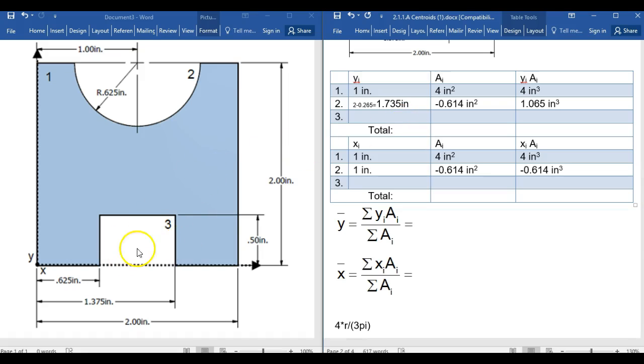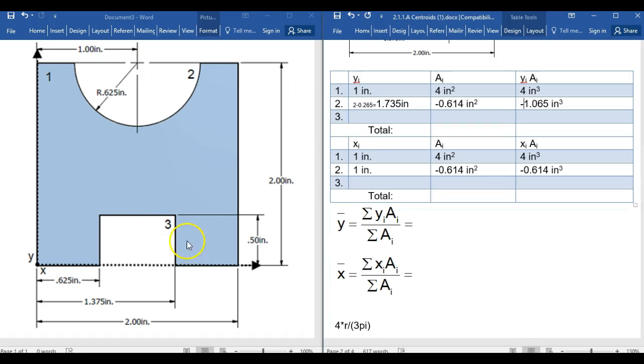Now, my last shape is this little rectangle right here. And I've got, oops, sorry, that's a negative 1.605 because that is negative area because this part is cut out.